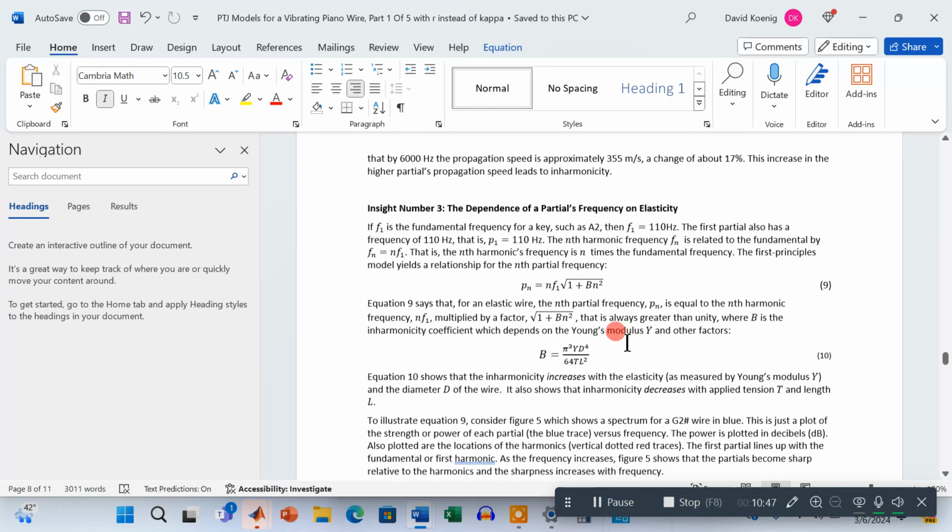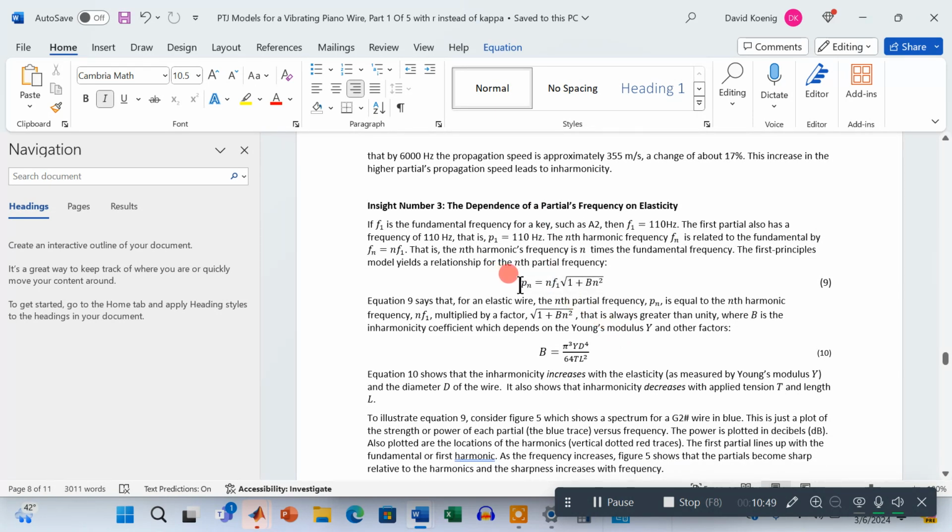Okay, equation 9. f sub n is the partial frequency of the nth partial, and it is equal to n times the fundamental frequency f sub 1, the first harmonic, times the square root of 1 plus B, which is the inharmonicity coefficient, times n squared.